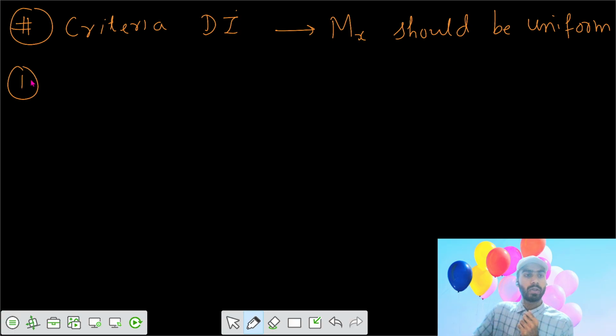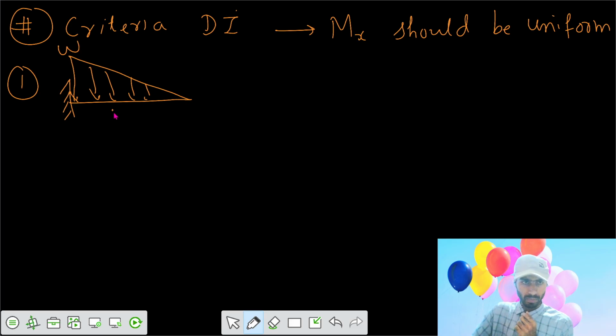So the first problem is a cantilever, and the loading is uniformly varying. This is your loading. Let's say the loading intensity here is W and the length is L. Let's say we want to check the moment at any x. Let's take a section at any x, where we can get the moment equation.